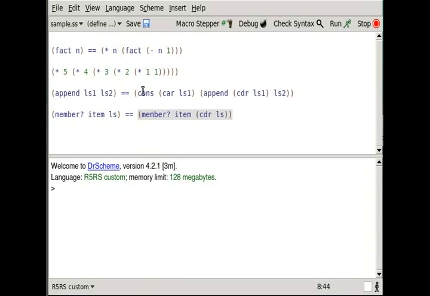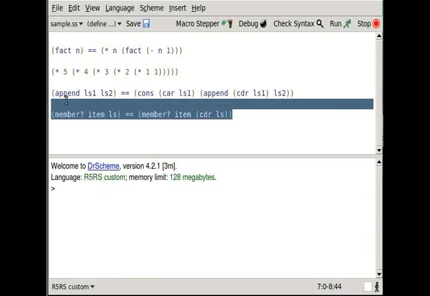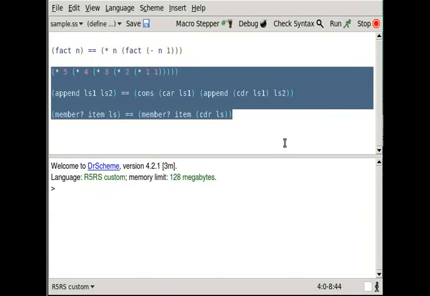And it just cycles through the list, and it basically passes on a reduced list to the next call of member. And this is called a tail recursive function, and these are also iterative. Luckily we can actually convert a lot of these regular naturally recursive functions into tail recursive functions. So that's what we're going to do with the factorial function here.